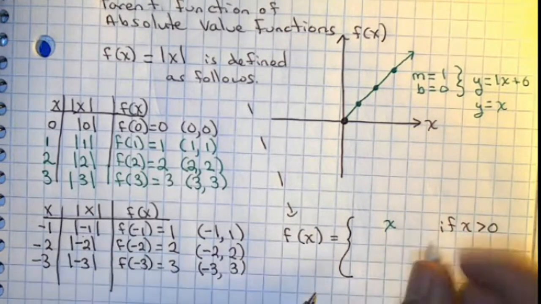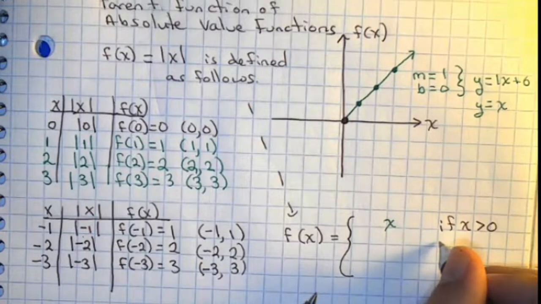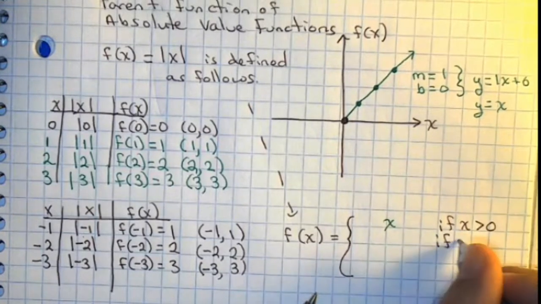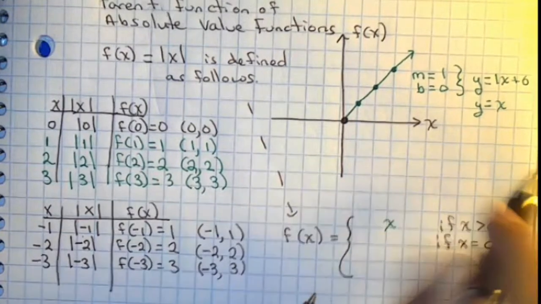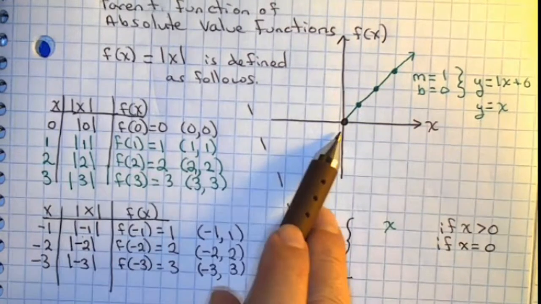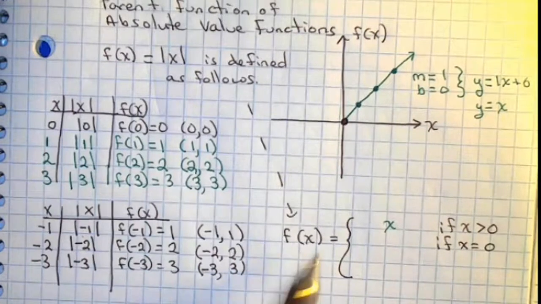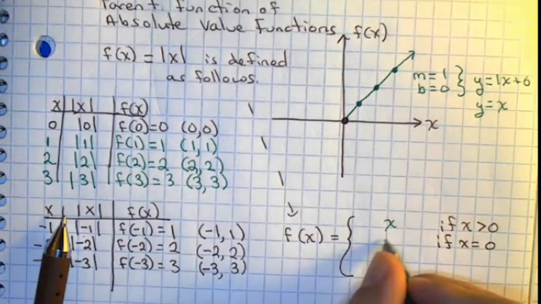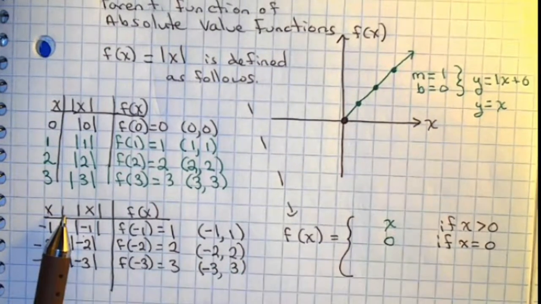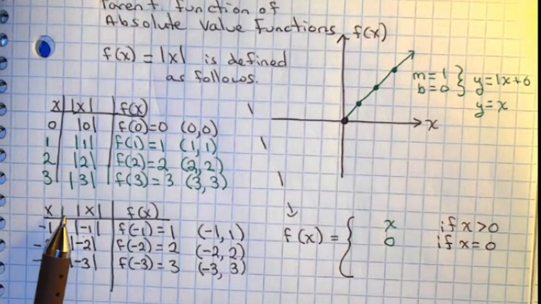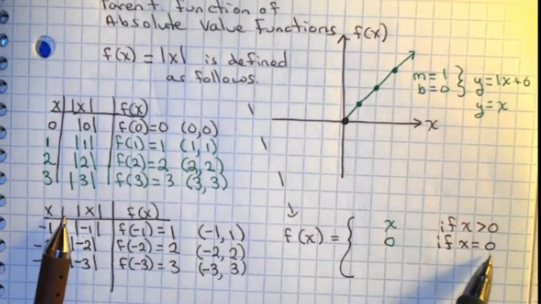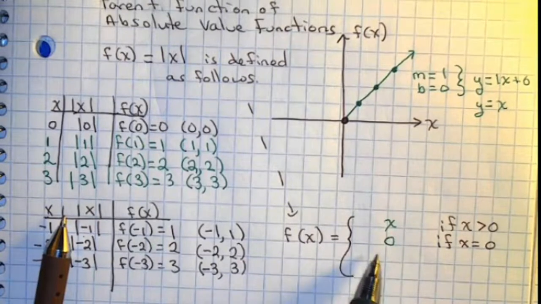And when x is equal to 0, we receive the constant value. The f of x gave us 0. If x is equal to 0, f of x equals 0.